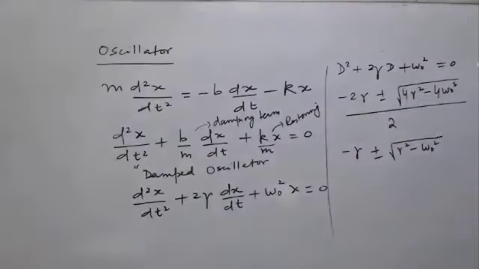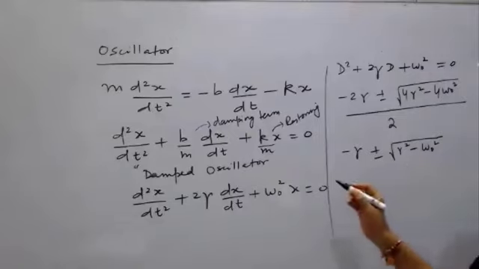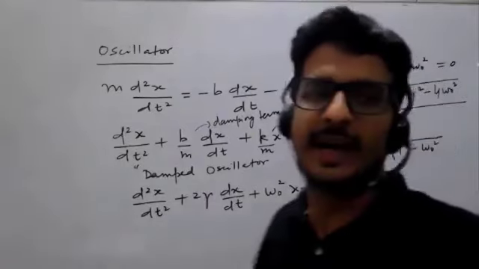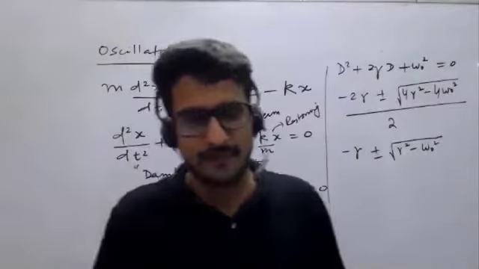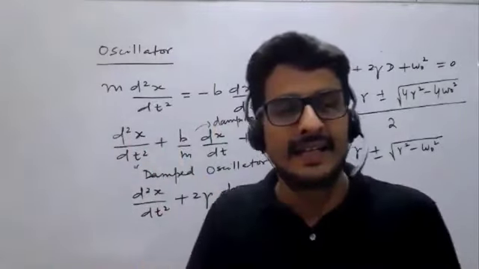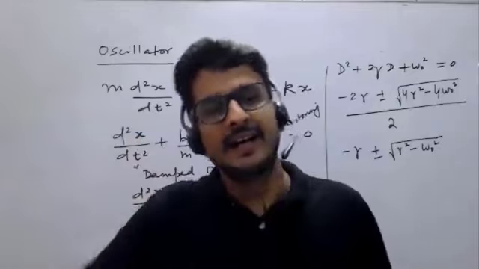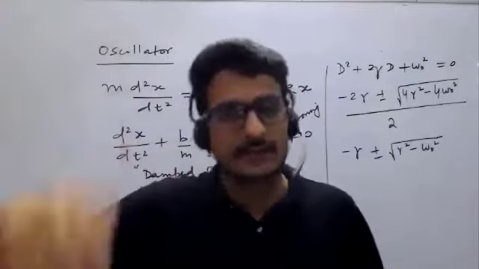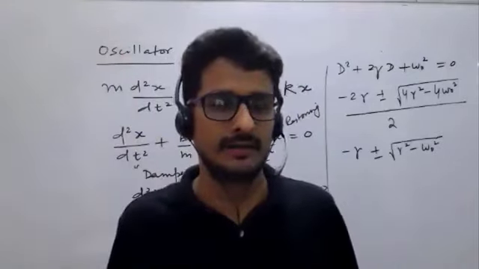So please see this. This is your solution. So you can write the solution as... now from here you see how the values of this oscillator decide whether it will oscillate, or be damped directly, or be damped while oscillating.